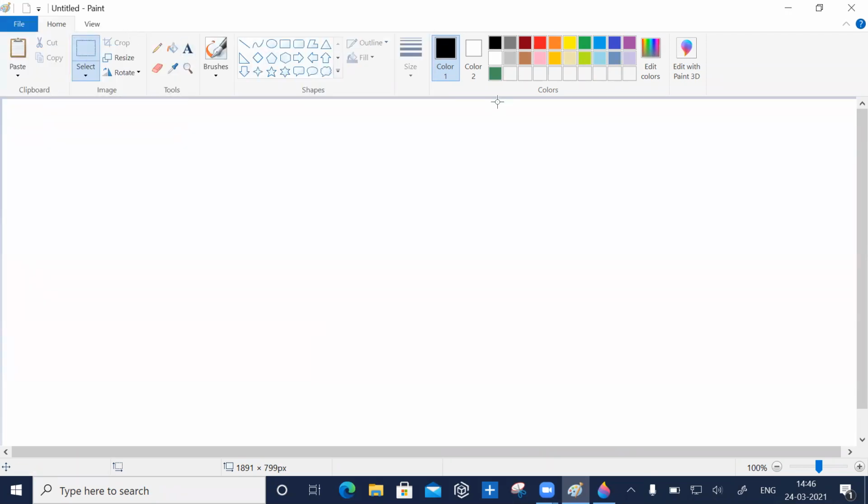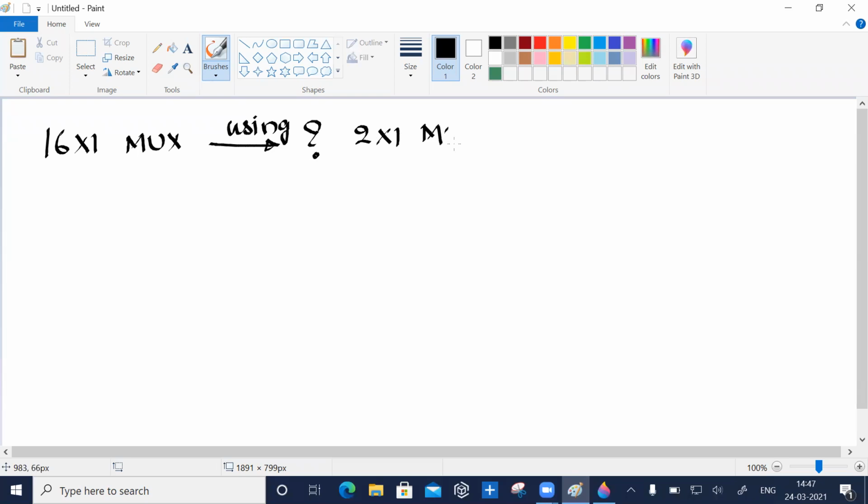And what I want to say, okay, let me take black. I'll use black now. So I have a 16 by 1 mux. I want to realize it using 4 by 1 muxes.